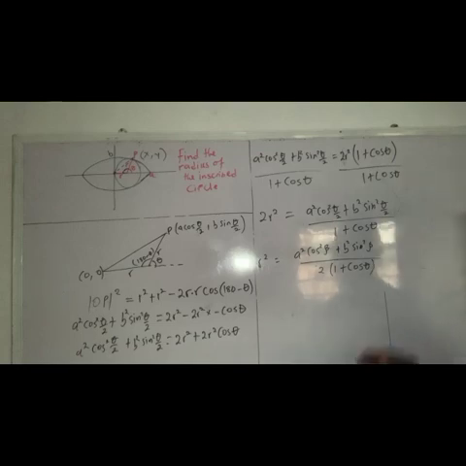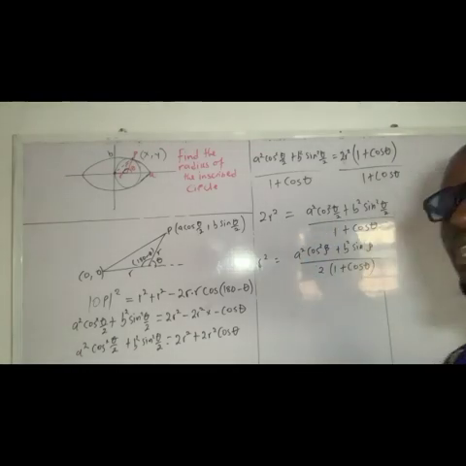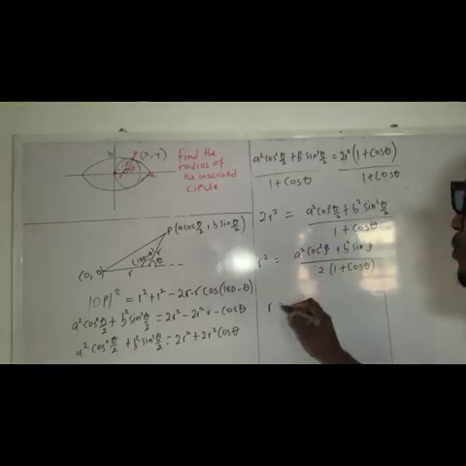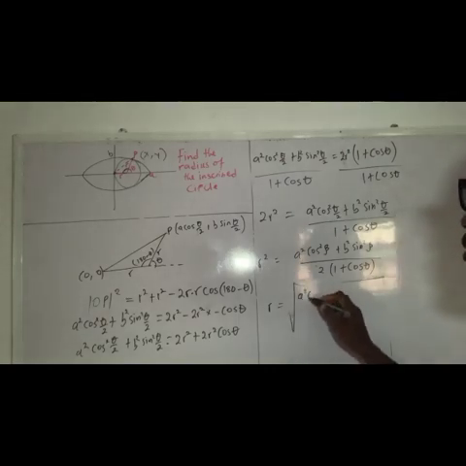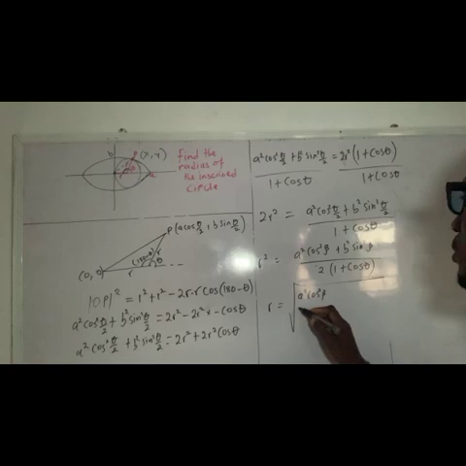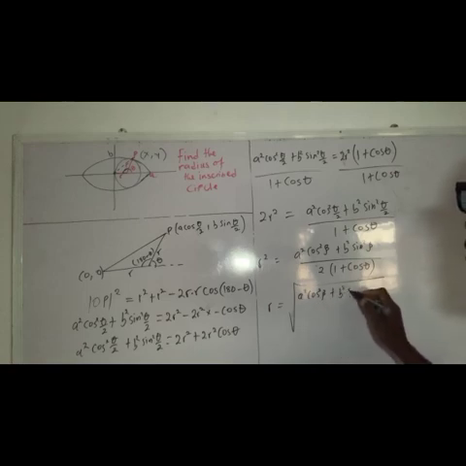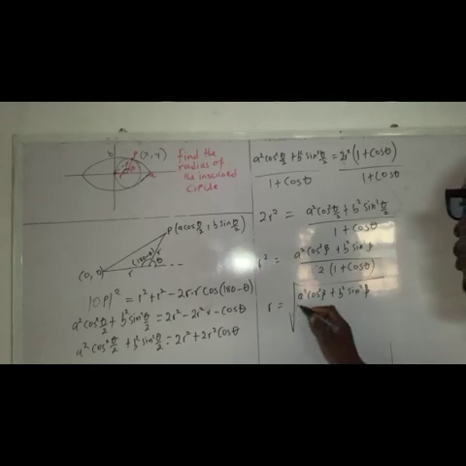So take the square root of both sides. If you take the square root of both sides, r is going to be the square root of a squared cos squared beta plus b squared sine squared beta, all over 2 into 1 plus cos theta.